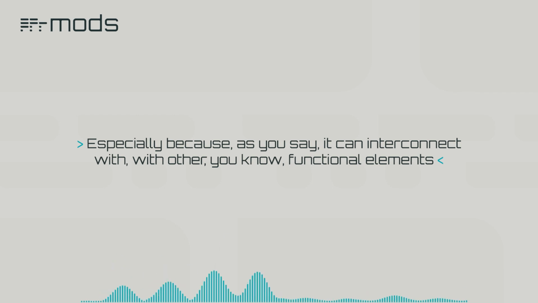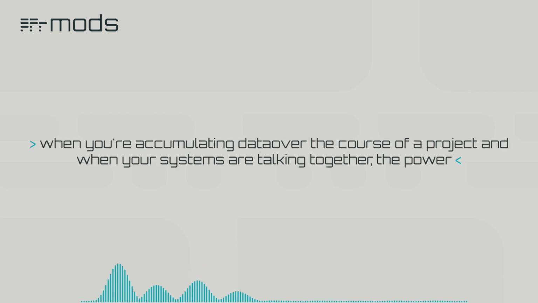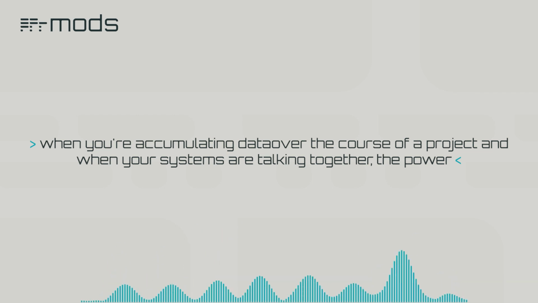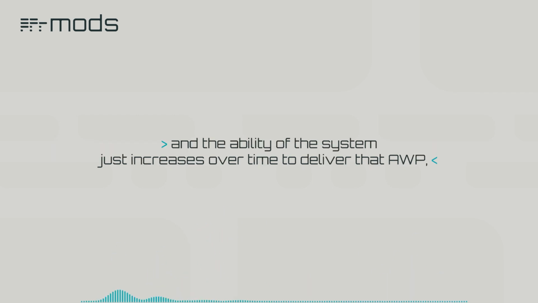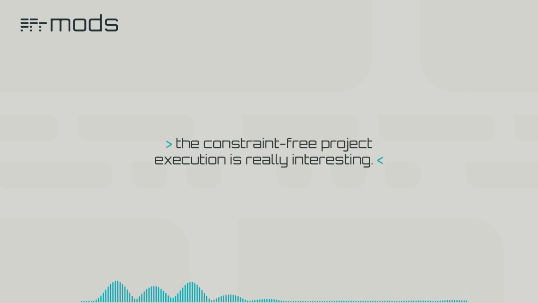Especially because, as you say, it can interconnect with other functional elements such as materials management, and when those elements are all working together, when you're accumulating data over the course of a project, and when your systems are talking together, the power and the ability of the system just increases over time to deliver that AWP, the constraint-free project execution. It's really interesting.